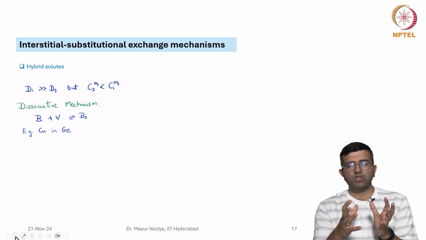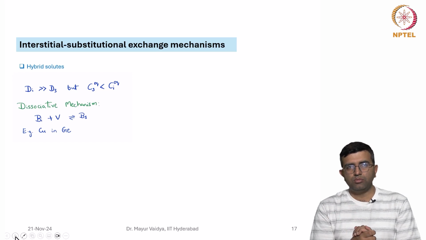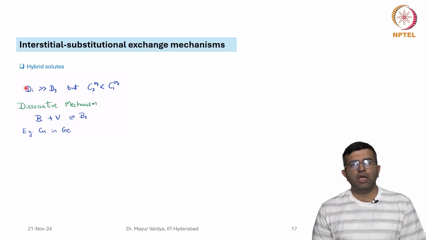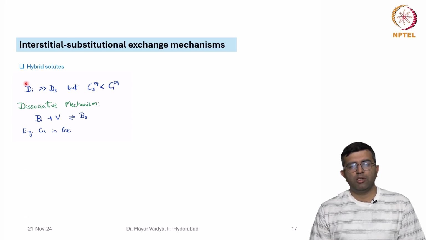That means there are hybrid solutes which can occupy both the interstitial sites as well as the substitutional sites. Usually there is a trade-off, because the diffusion coefficient for the interstitial solute is usually higher than the diffusion coefficient for the substitutional solutes. However, at the same time, the concentration of the substitutional solute is less than the equilibrium concentration for the interstitial solute.